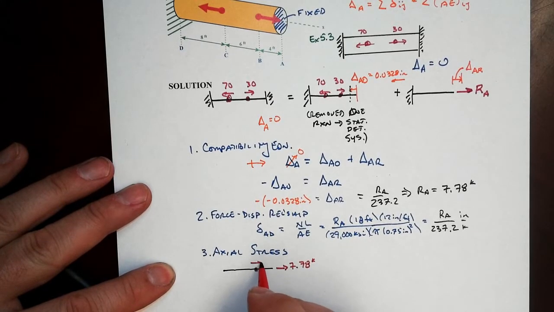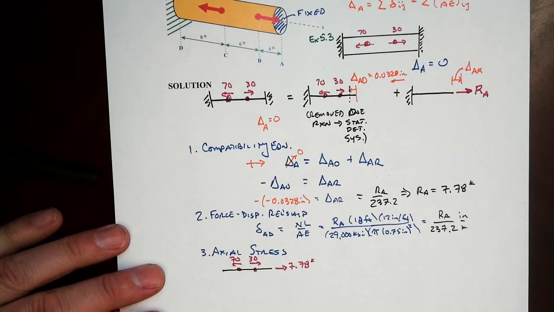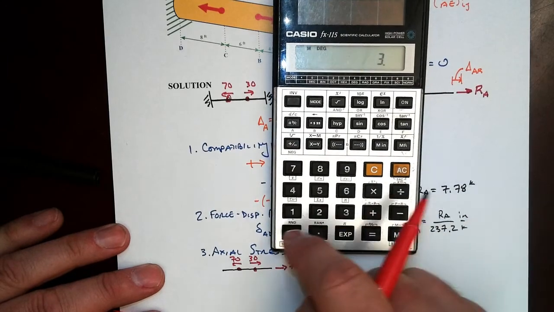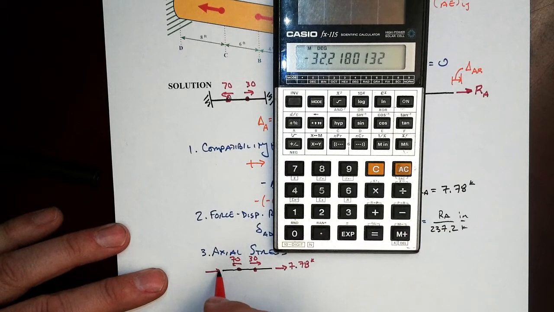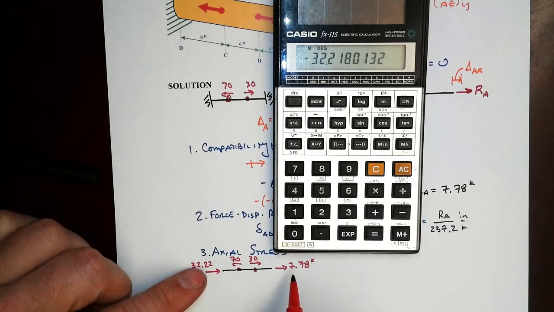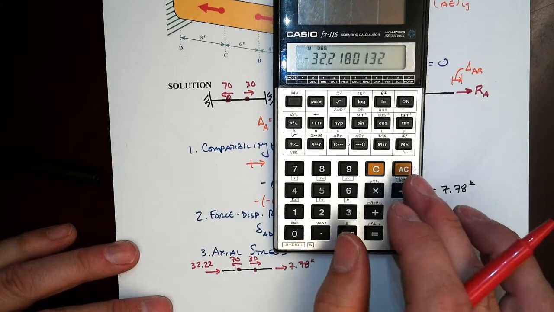We've got the 30 kips at B. We've got the 70 kips going the other way at C. And so to get that reaction out at the very end, we're going to have 32.22 going to the right. All of the 30, the 32.22, and the 7.78 will equilibrate with the 70.